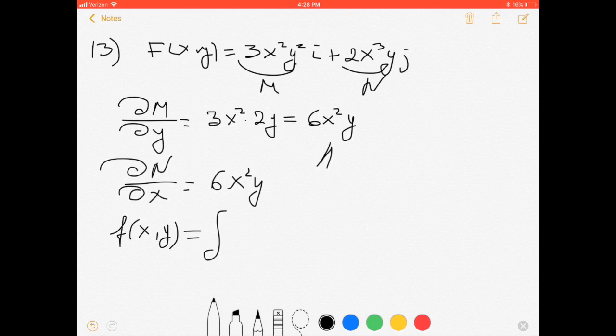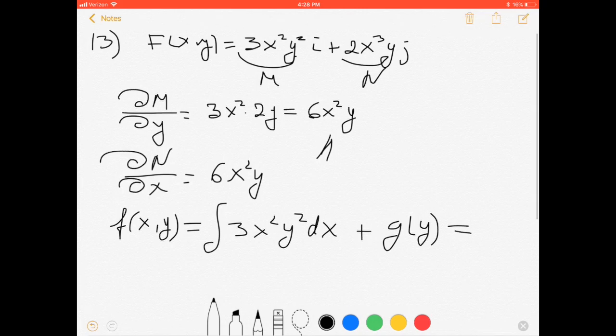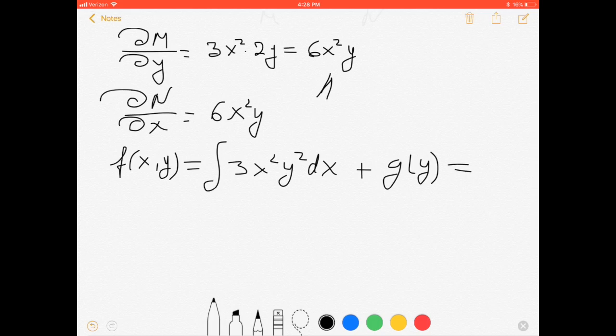We take the integral of the m part, 3x squared y squared dx, and maybe we have some function that depends only on y. It will be equal to x cubed y squared plus g, depending only on y. Find the derivative of this potential function with respect to y.